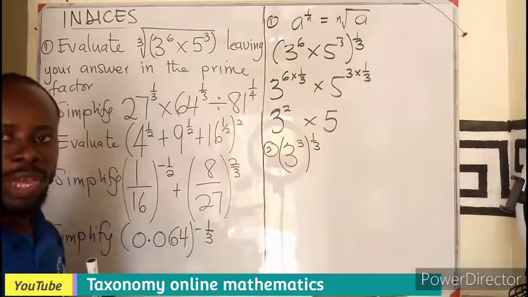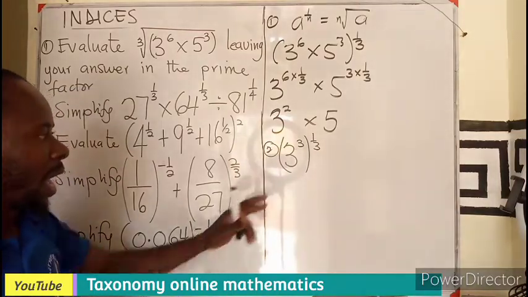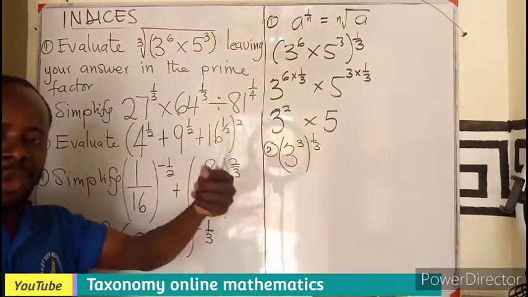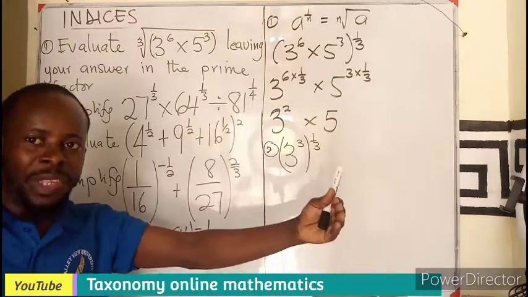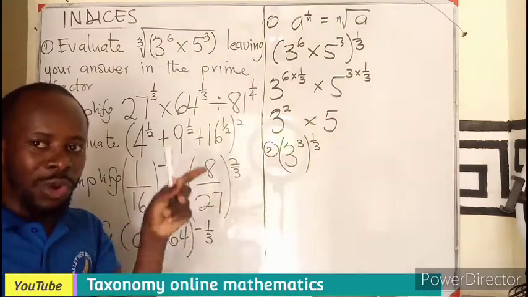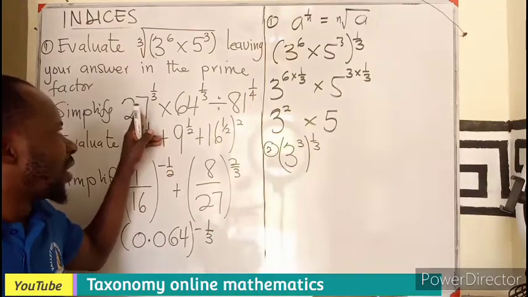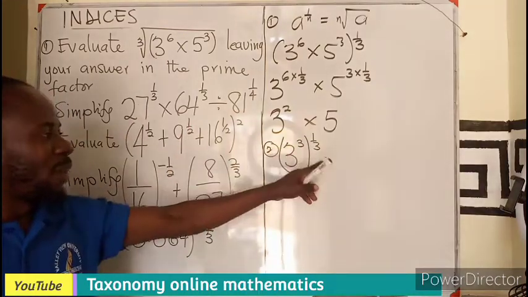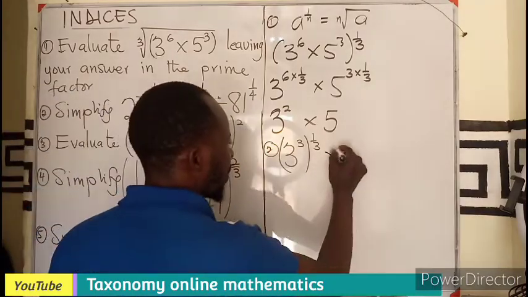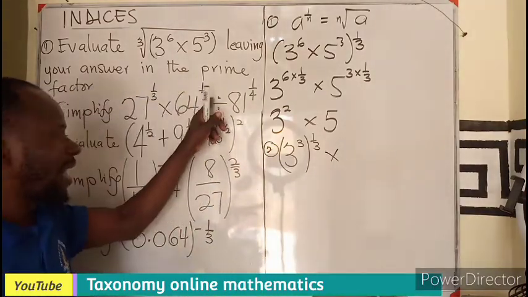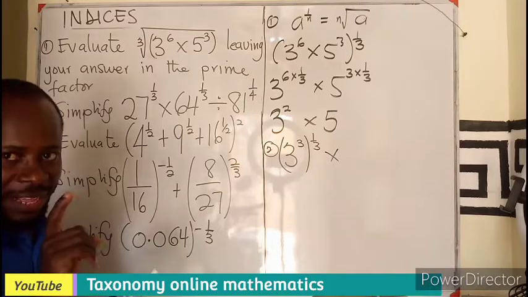If I don't want to use the cube root, I can use the exponent, which means the same thing. How many times will a certain number multiply itself, 3 times, to give you 27? We can also say that 3 exponent 3 gives me 27. Then the power 1 over 3 will come to multiply. Here is also having a power of 1 over 3.